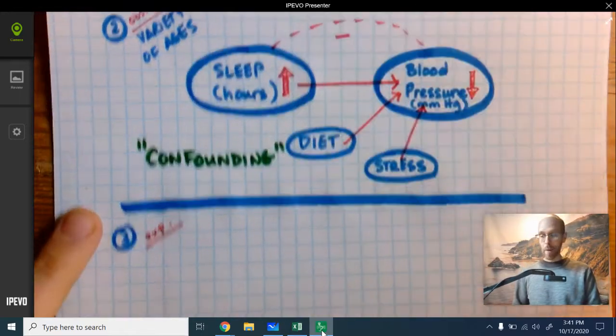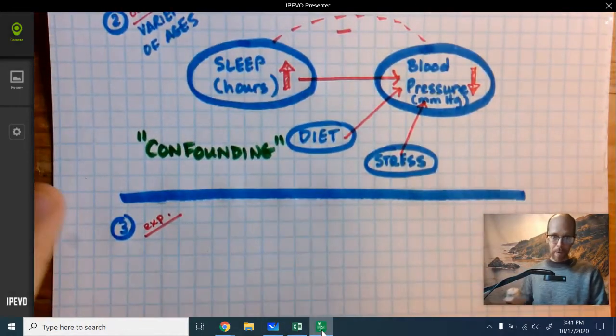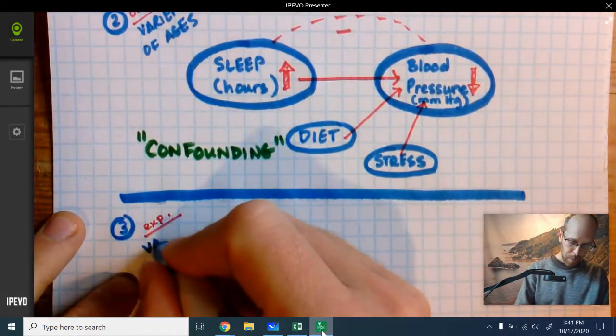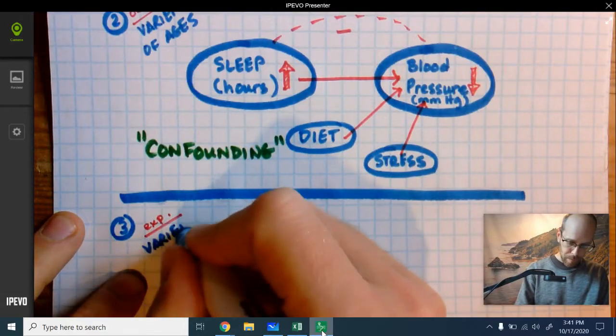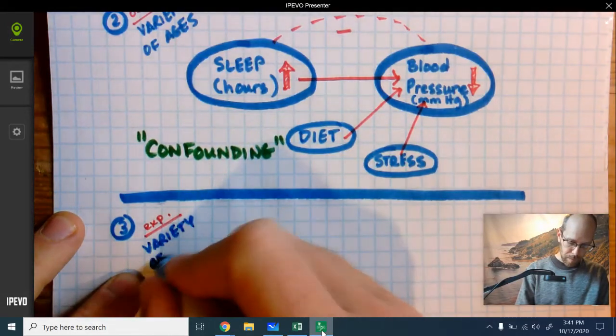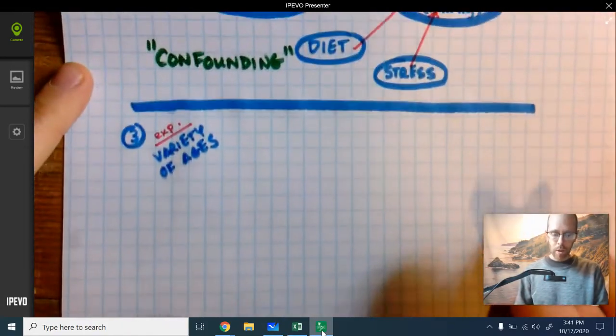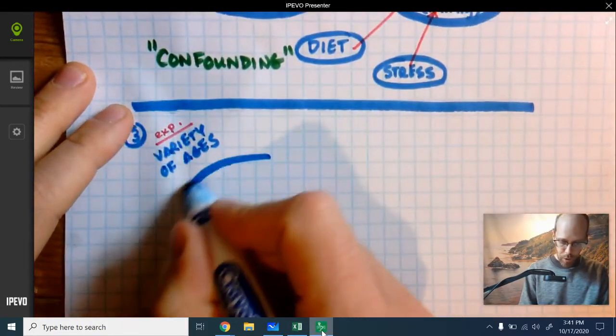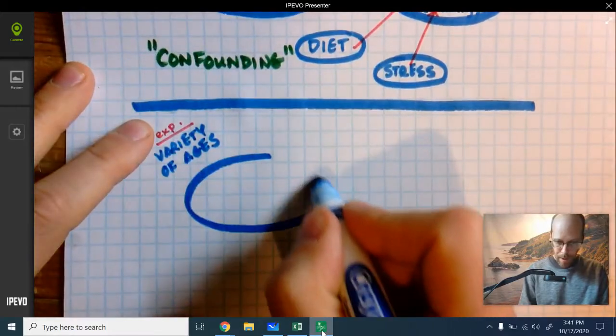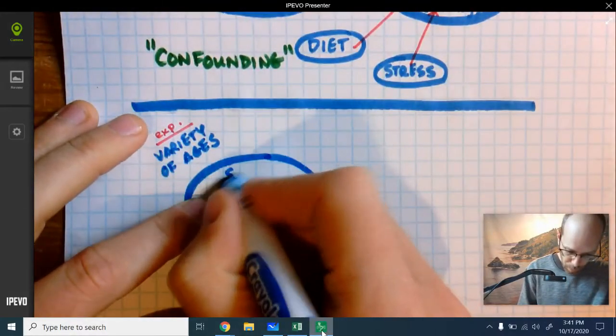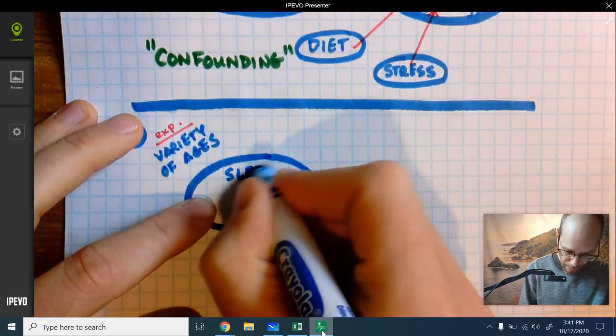So imagine that we do an experiment. And once again, it is on people that are a variety of ages. And in this experiment, what we're going to do is we are going to control the amount of sleep that they get. We're actually going to assign it.